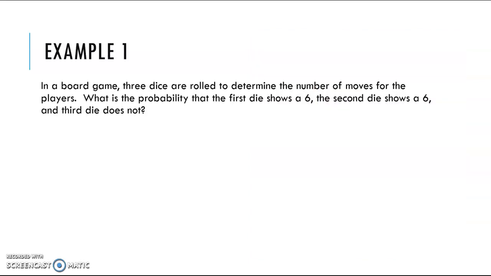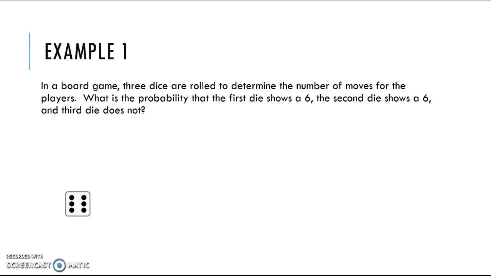In a board game, we're going to roll 3 dice in order to determine the number of moves for the players. So what is the probability that if you roll a die, the first one is a 6, then the second one is a 6, and then the third die is not a 6?